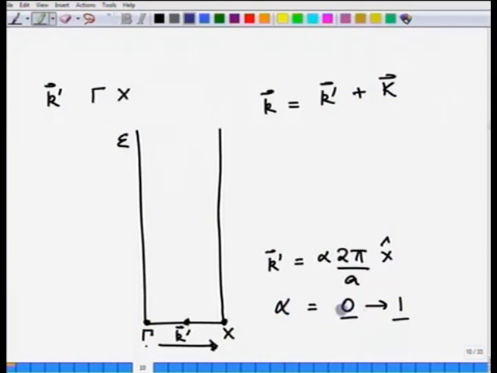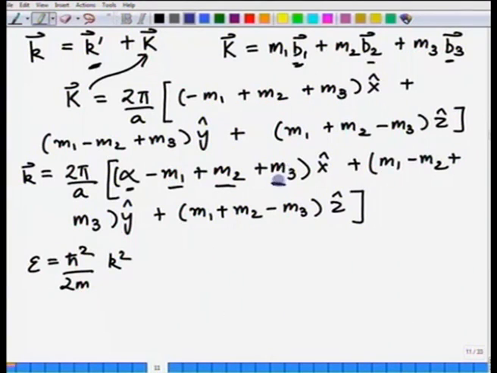If I take an alpha value, 0 or 1, the k prime value gets fixed, and I use different m1, m2 and m3 to plot out all the different energies, just like in the one dimensional case we used 0, 1, minus 1, 2 and minus 2. Here, since it is a 3 dimensional case, I have to use 3 indexes m1, m2, m3 to label different segments. Now, I have done these calculations for you.